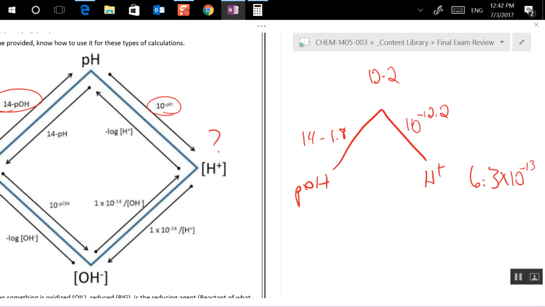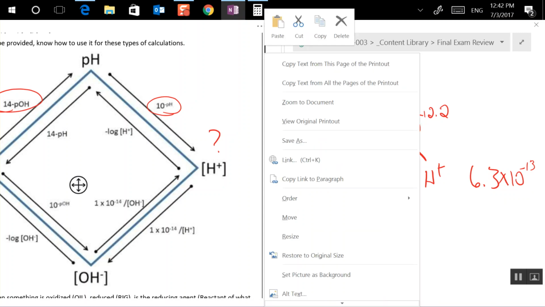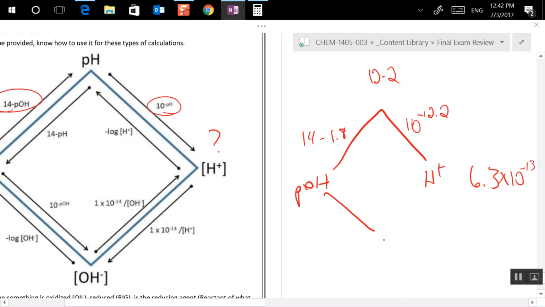So that's one way. I could have gone the other way. I could have gone from the pOH to the OH minus and then to the H+. If I go from the pOH to the OH minus, I need to do 10 to the negative pOH.